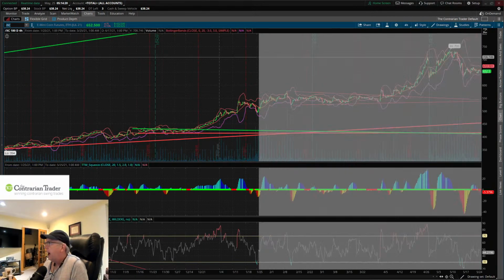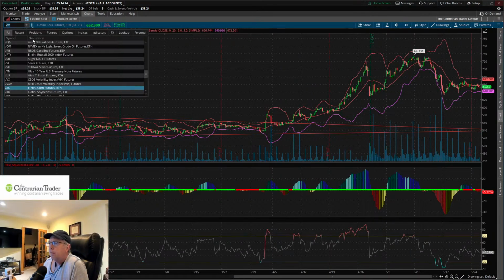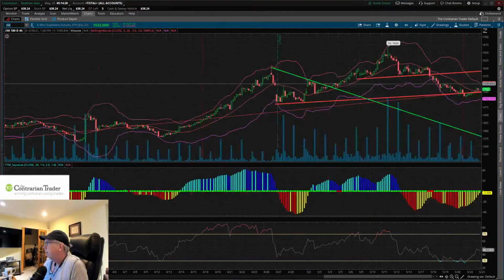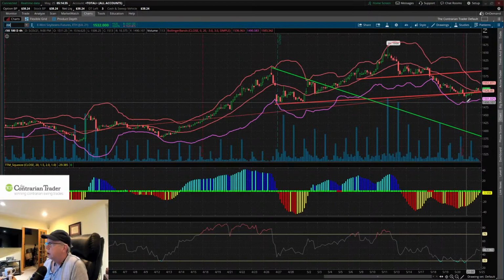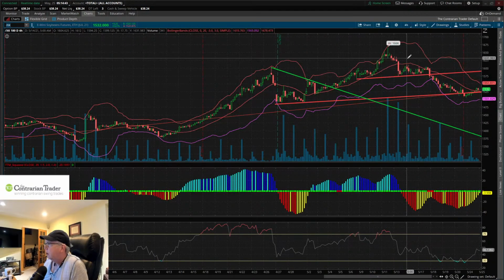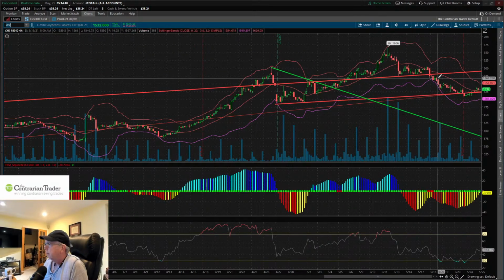Checking with ag. Ag is getting hammered. Soybeans up. Beginning to consolidate, but a potential head and shoulders setup. Actually, we've already had a head and shoulders setup. We may be setting up for a second tier head and shoulders setup. Here's your head, left shoulder, right shoulder, the neckline, which we broke.